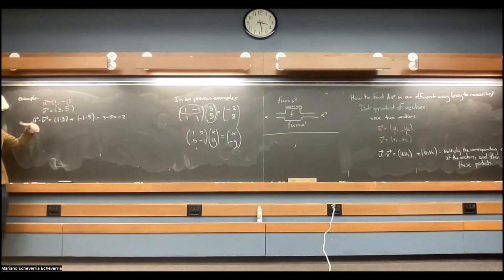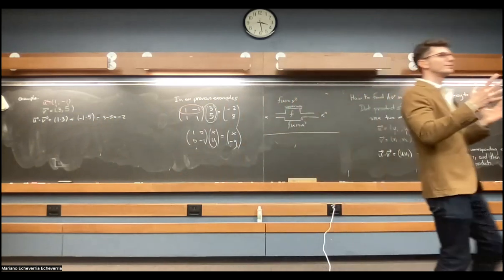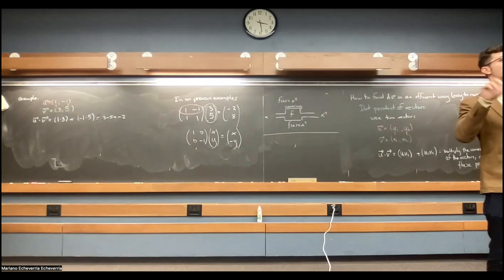This formula for the dot product actually works not just when the vectors have size 2. It can work for vectors of any size. The only requirement is that they have the same number of entries.